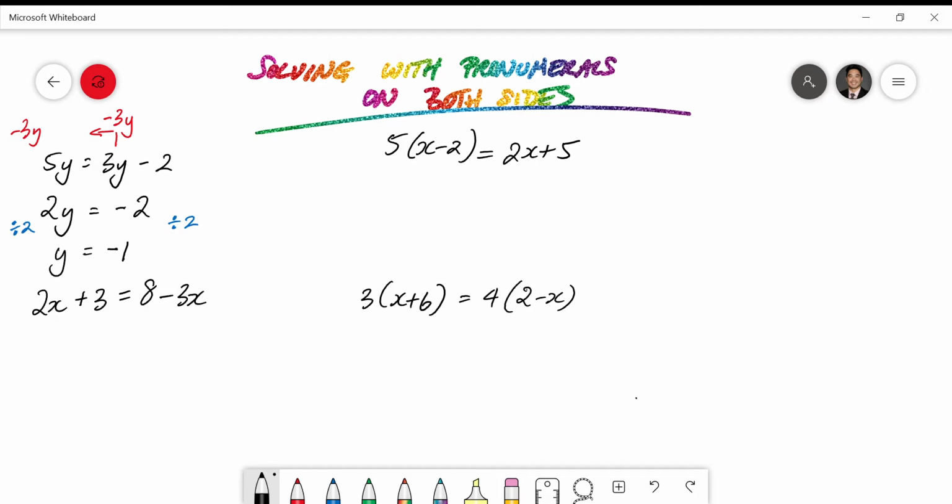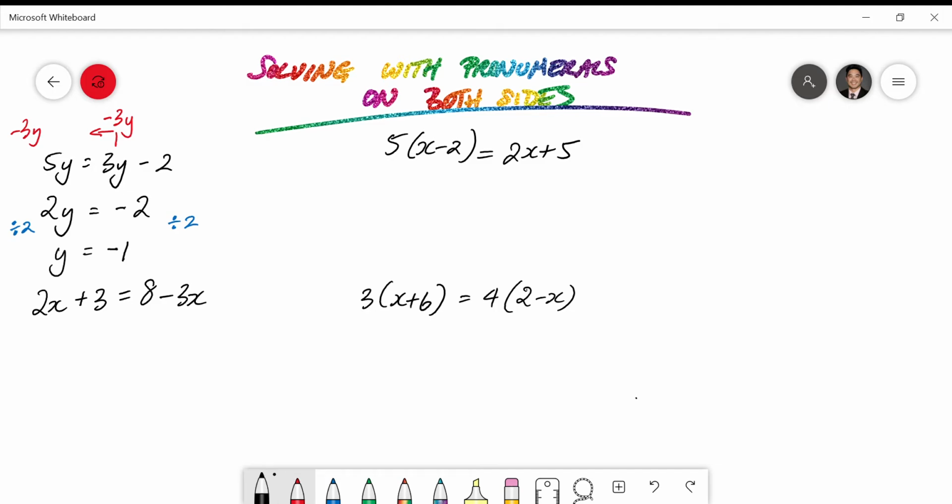Our next question here is 2x plus 3 equals 8 minus 3x. And as I said at the start, we want to have positive values. You do have the option to move the 2x to the right hand side, but to get rid of this positive 2x, we would need to subtract it, okay?